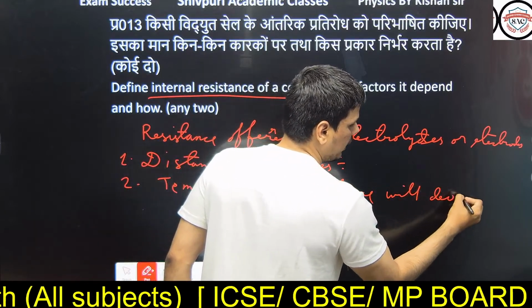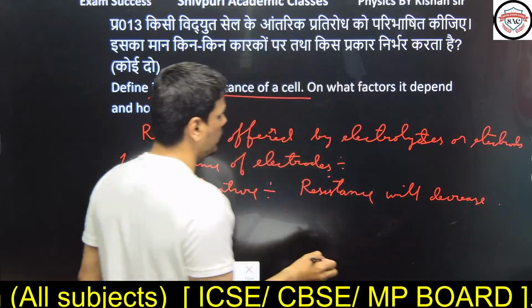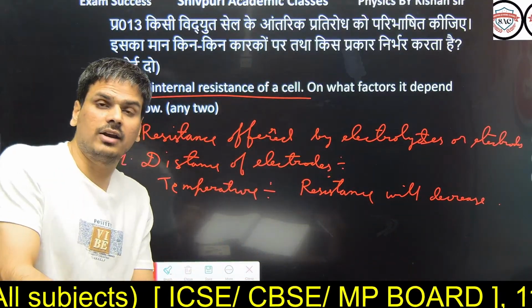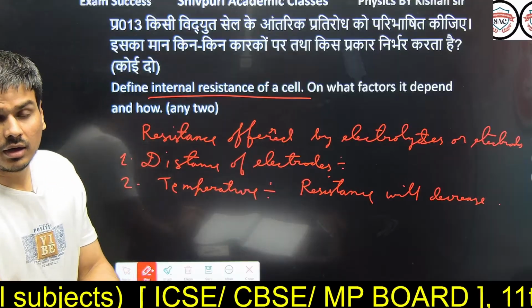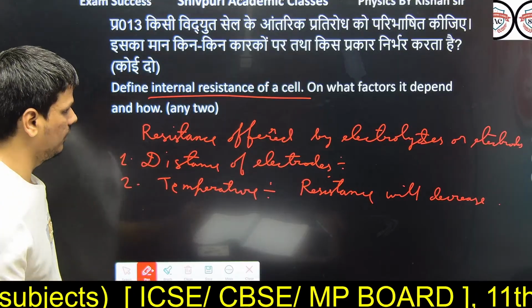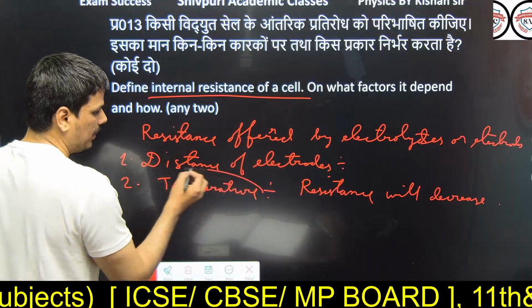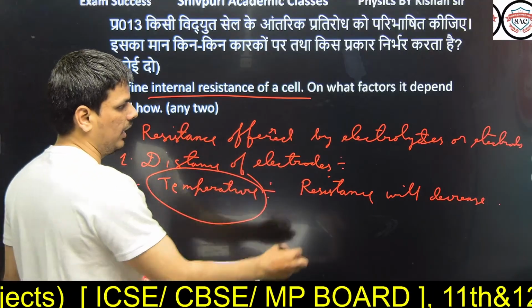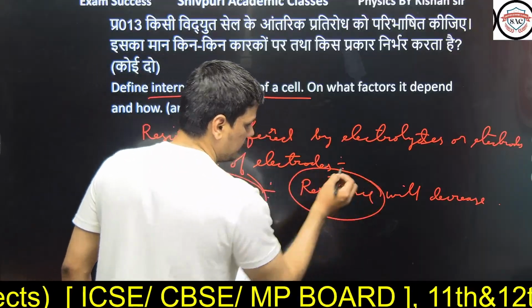Resistance is inversely proportional to the increase in temperature in a cell, but it is directly proportional for metals or conductors. Here the temperature can increase the conductivity and it will decrease the resistance.